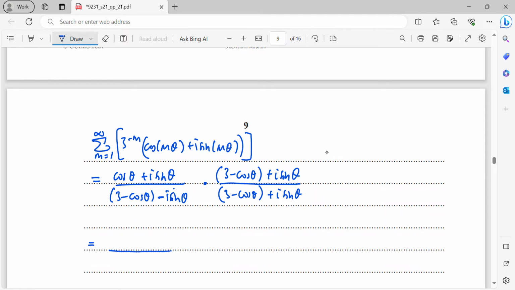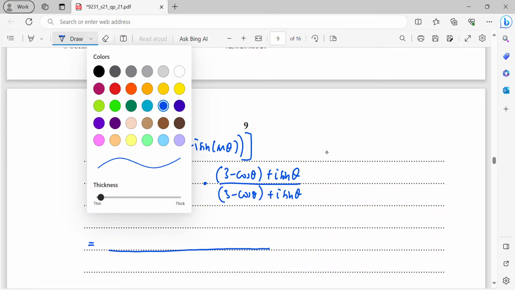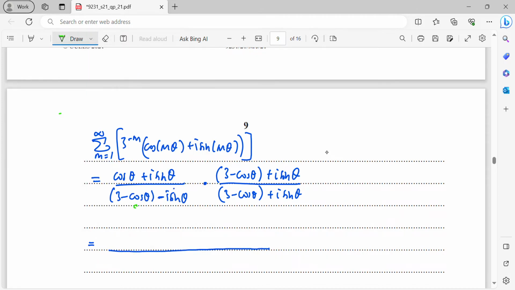So for your information, for the denominator, this is A, this is B, here is A, is B, A minus B times A plus B, right, for the complex number, or I would say conjugate. Okay, so complex number times its conjugate, let's say your complex number is A plus BI, it will be A squared plus B squared.